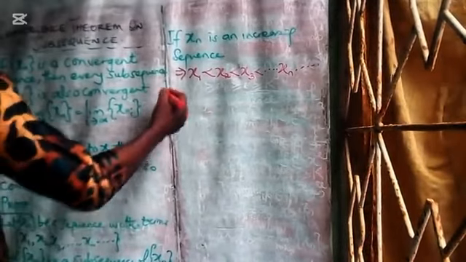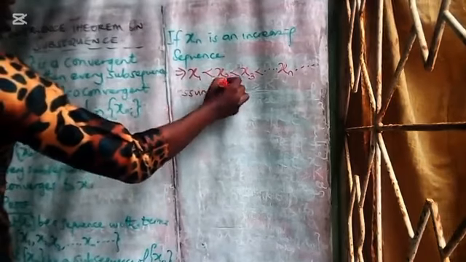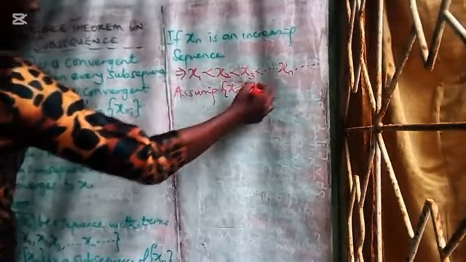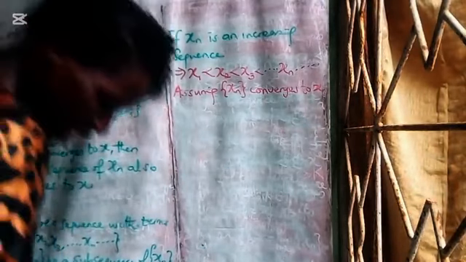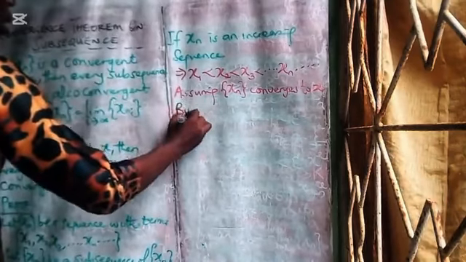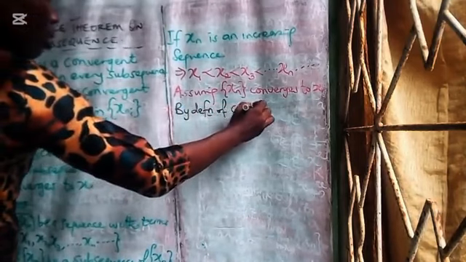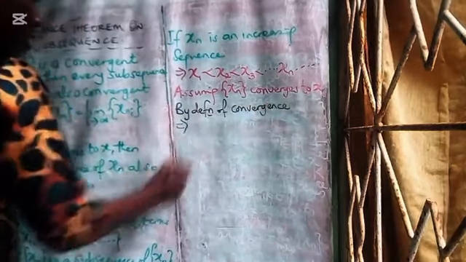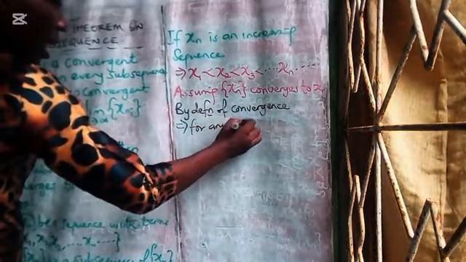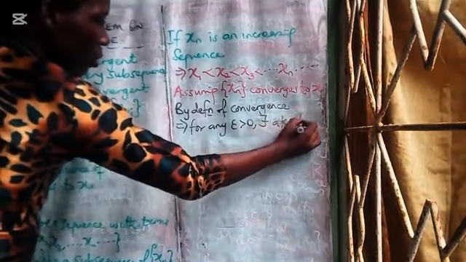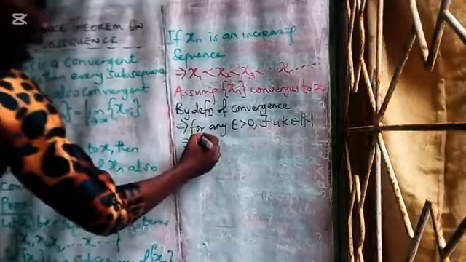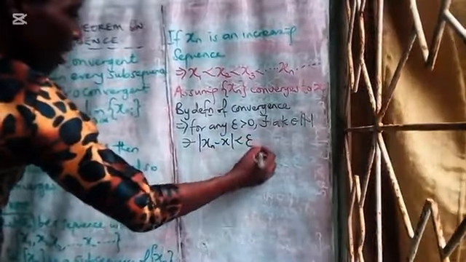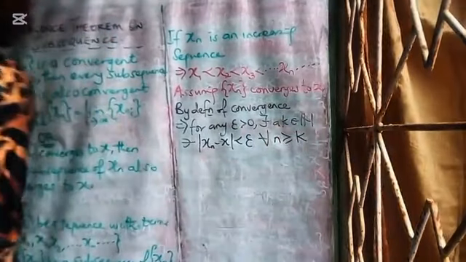Assume xn converges to x. Then by definition of convergence, it implies that for any epsilon greater than 0, there exists a k belonging to the set of natural numbers such that the absolute value of xn minus x will be less than epsilon for all n greater than or equal to k.